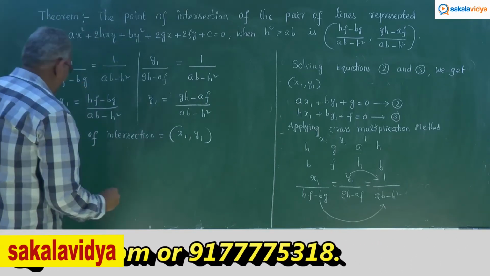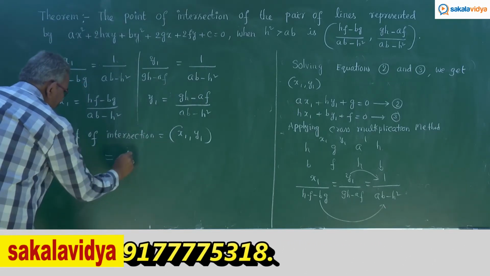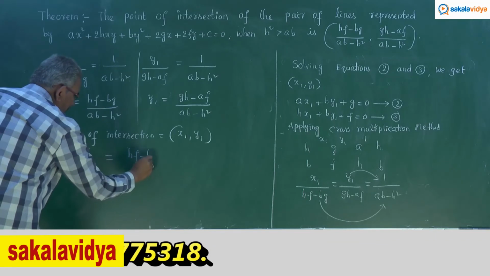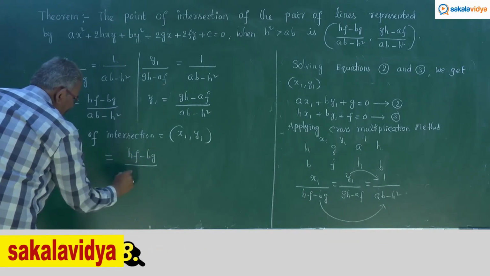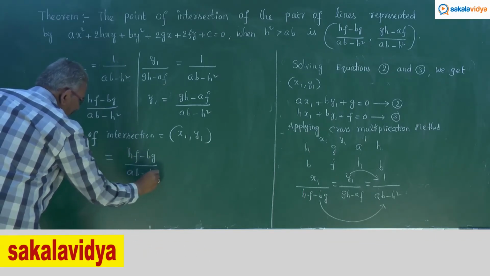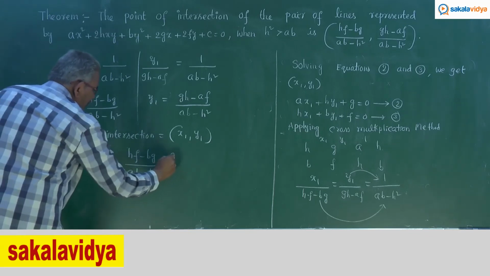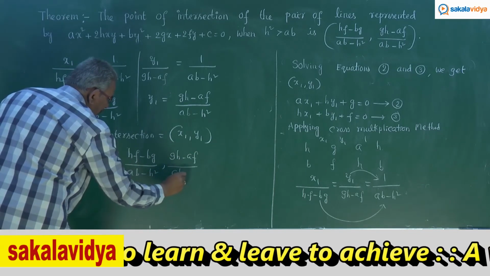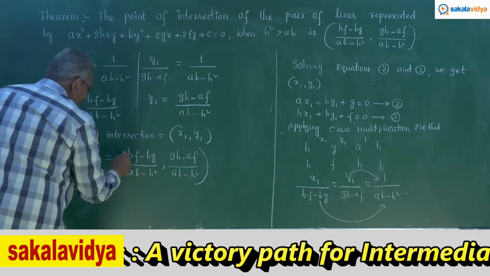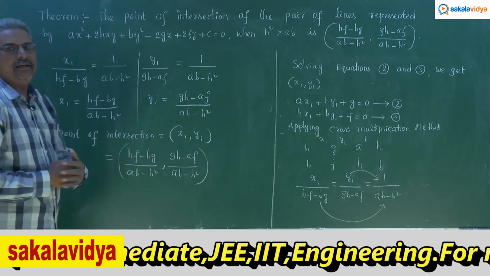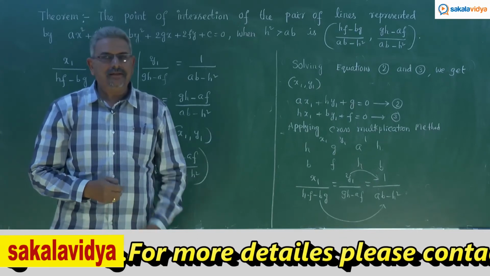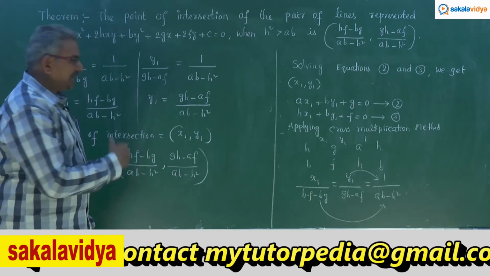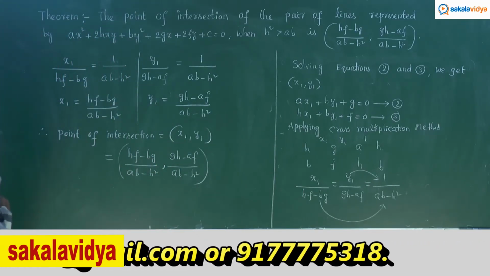So now we can remember like this: hf minus bg by ab minus h square comma gh minus af by ab minus h square, provided h square greater than ab. So in this way we can find out the point of intersection.